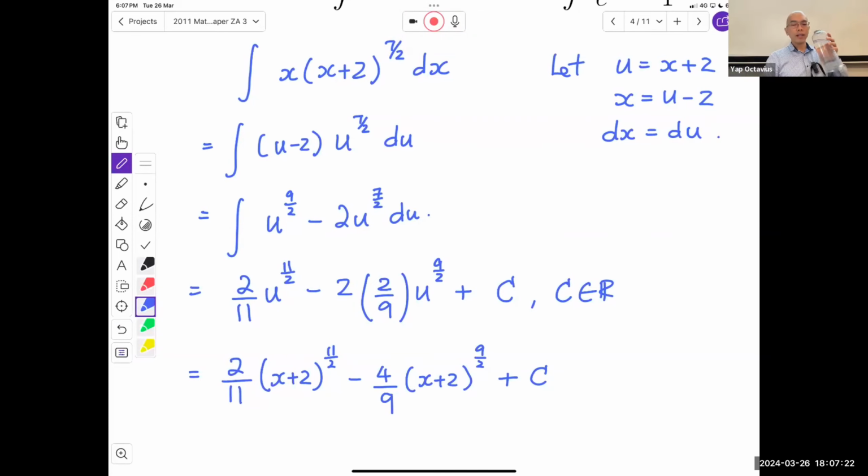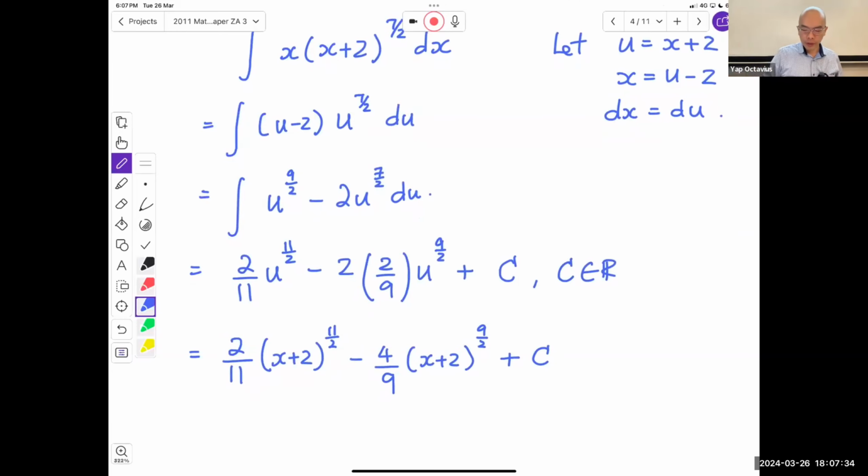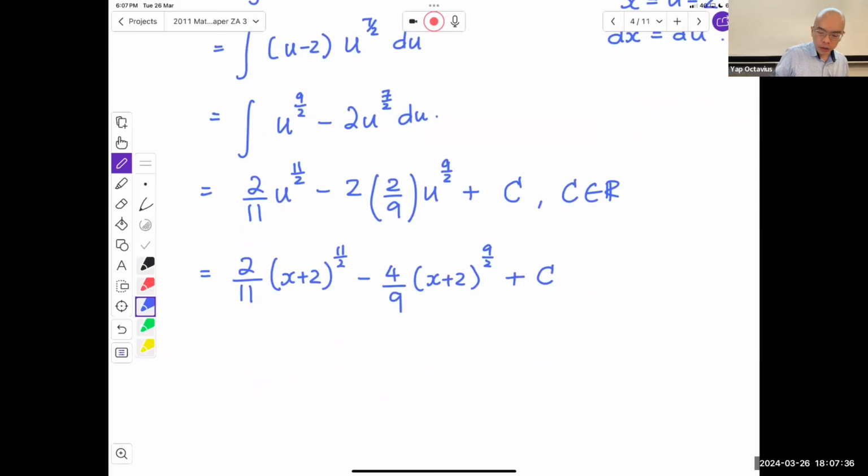Now the second one. The second one looks very difficult. Huh? It's not difficult. e to the x over e to the 2x minus 1 dx.